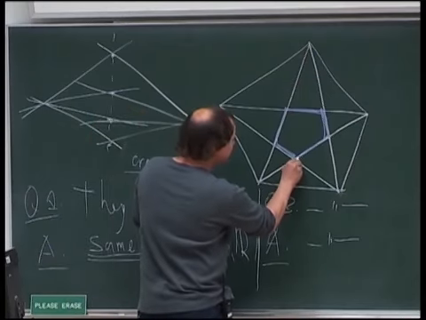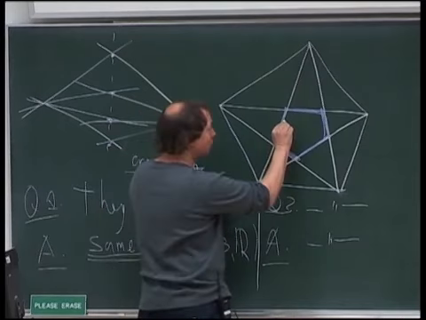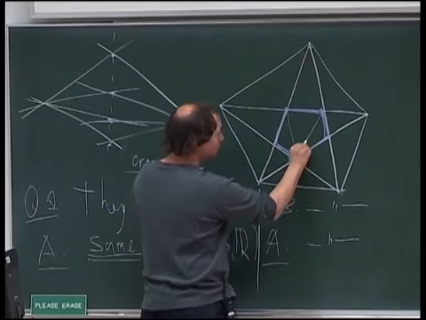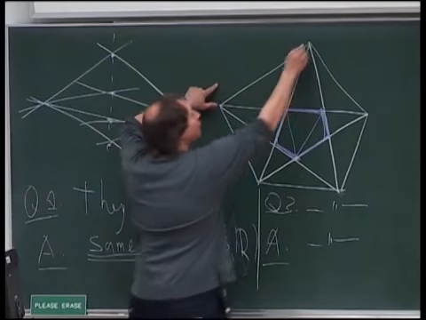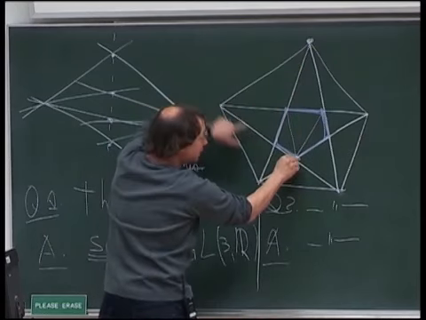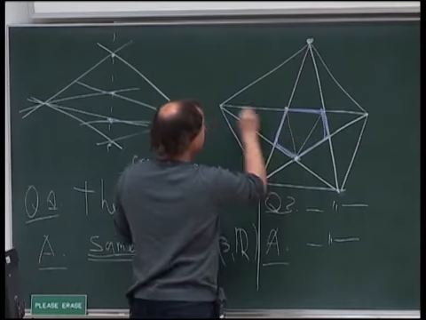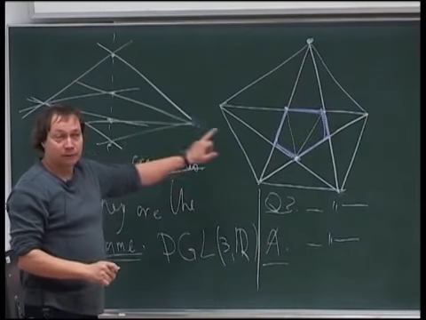So let me take, for instance, this vertex of the small pentagon, and let me draw two lines like that. So what do we see? We have this vertex and four lines, and we have this opposite vertex with four lines. And the picture is exactly the same.